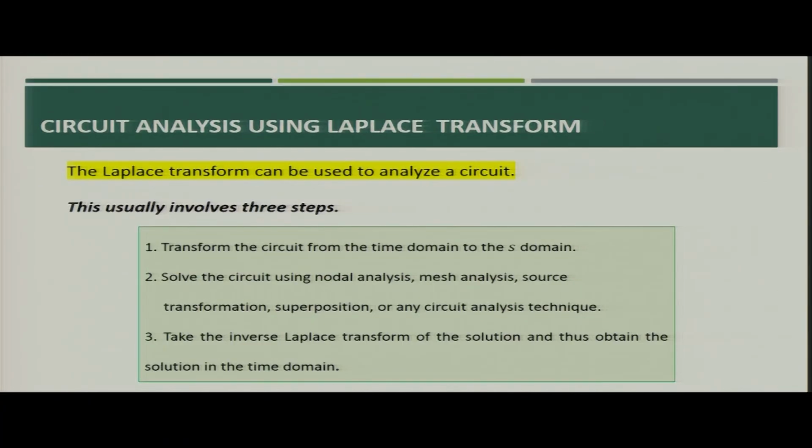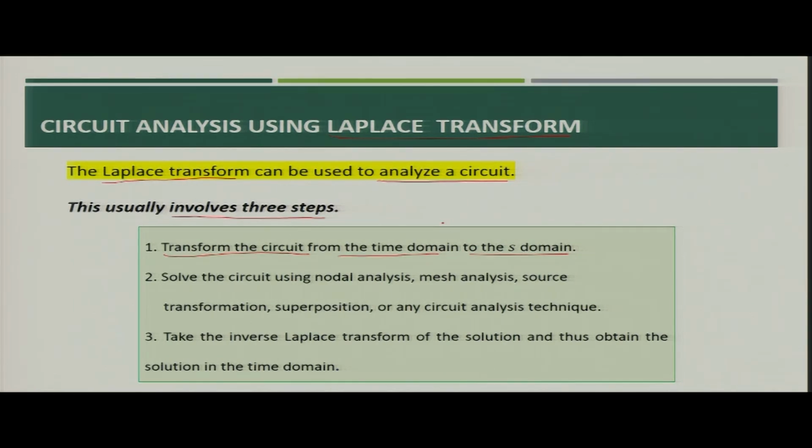Now, let us talk about how we will do circuit analysis using the Laplace transform. The Laplace transform is considered one of the best techniques for analyzing an electrical circuit. It involves three major steps. One is to transform the circuit from the time domain to the S domain.